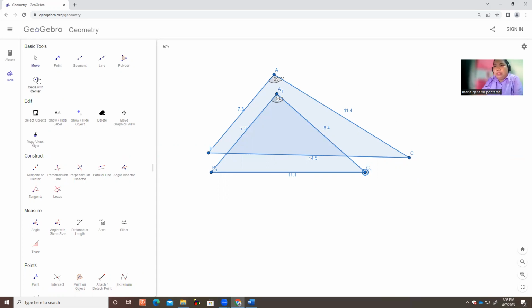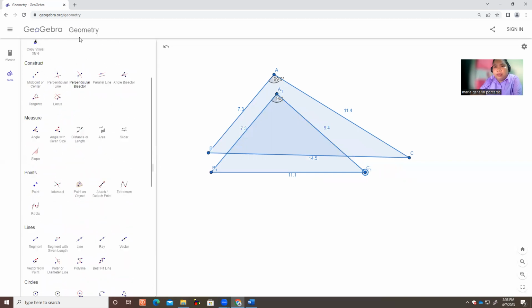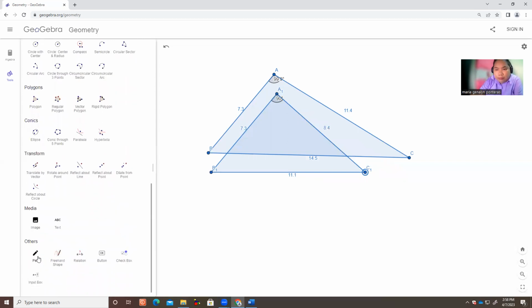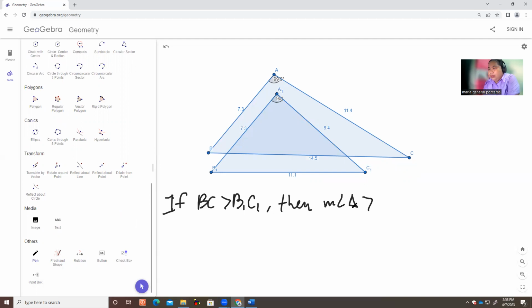So, let's write the scenario. We write, if side BC is greater than B sub 1 C sub 1, then the measurement of angle A is greater than the measurement of angle A sub 1.